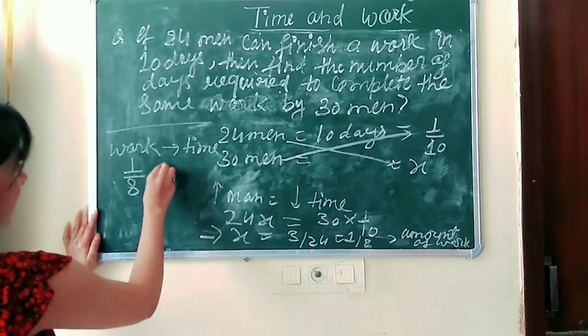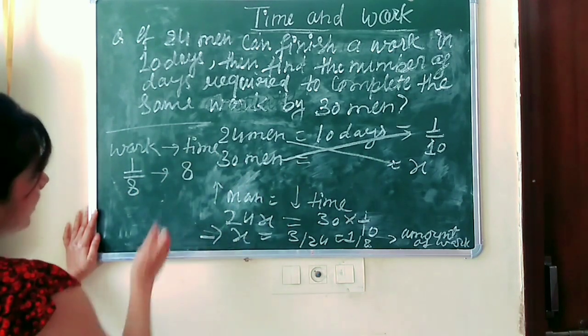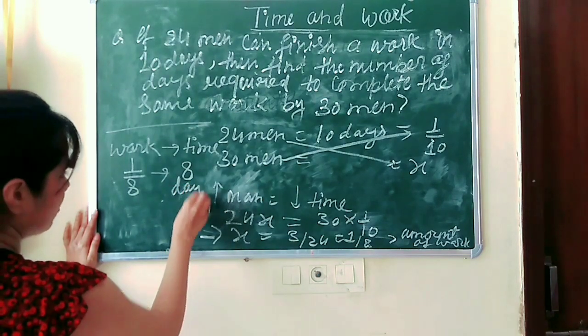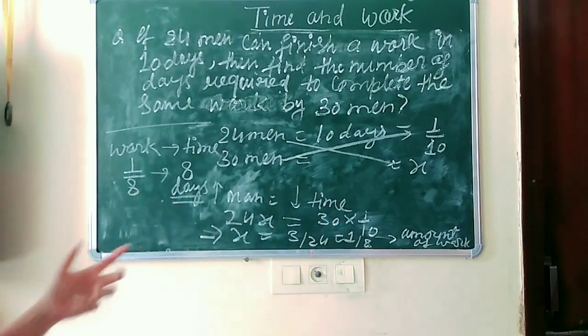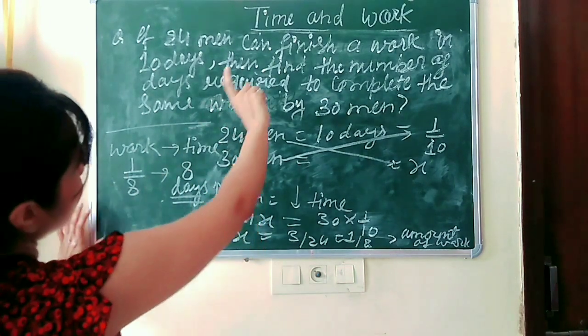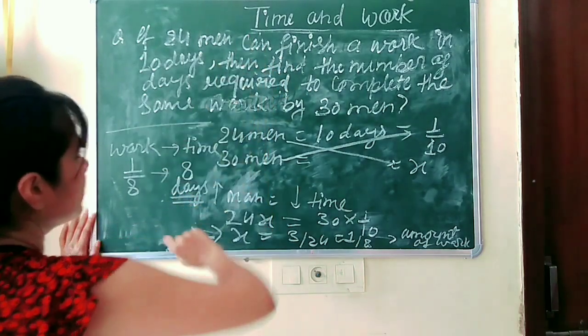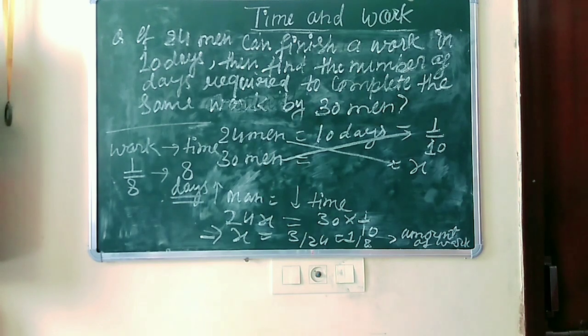So this amount will get inverted, so that will be 8 days. So 8 days will be required to finish the same amount of work by 30 men when we increase the manpower. So just take a screenshot.